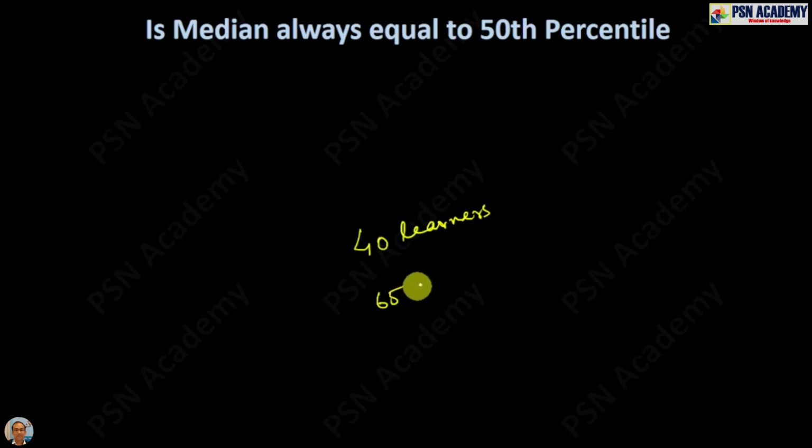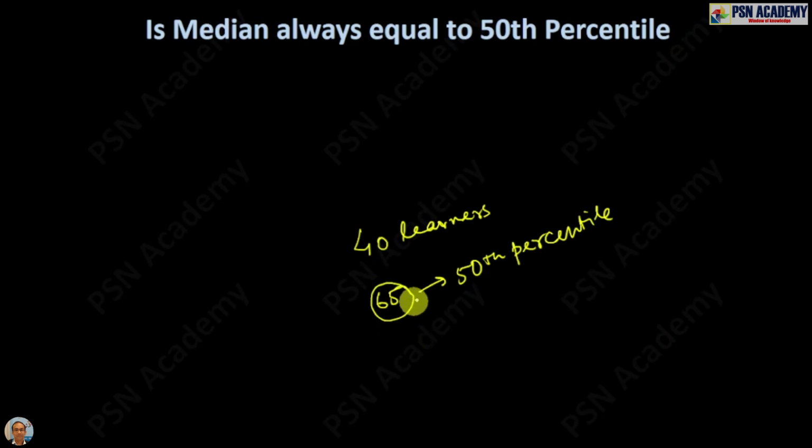Now the point is, if I say that your score, the 65, is at 50th percentile, then you should know that 50% of the learners in your classroom are behind you. That means behind your score. That means 20 learners are there whose scores are below 65.